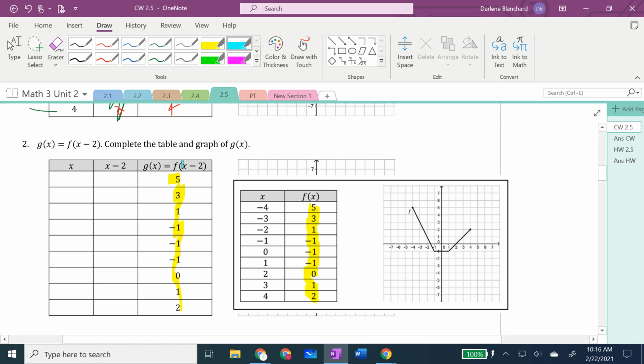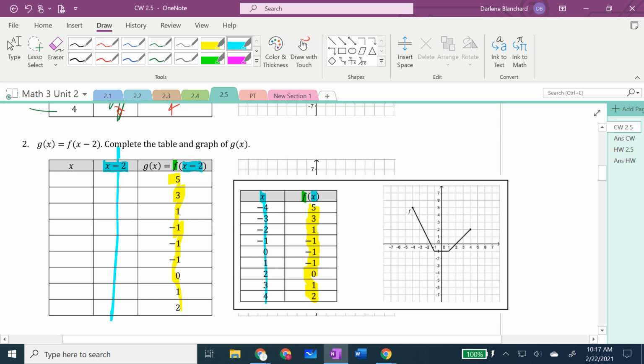I want you to see that what I am highlighting in blue, those match. What I am now highlighting in blue, those match. I am going to highlight in green the fact that this is f. That means that this column must match this column.